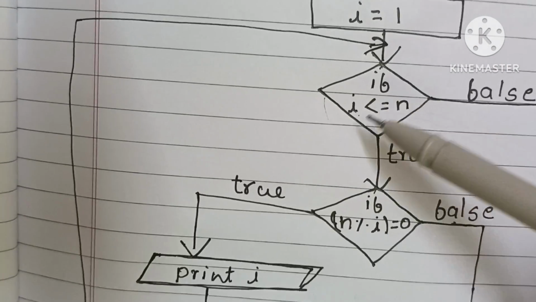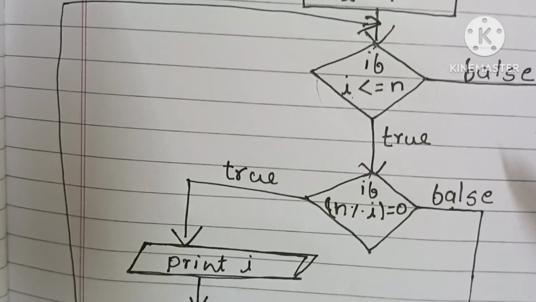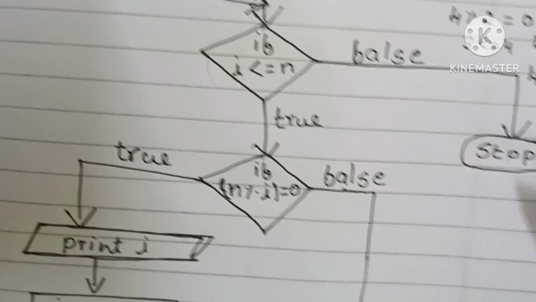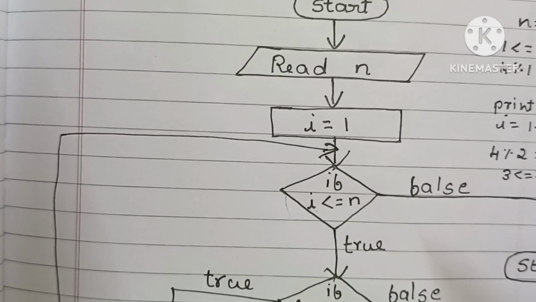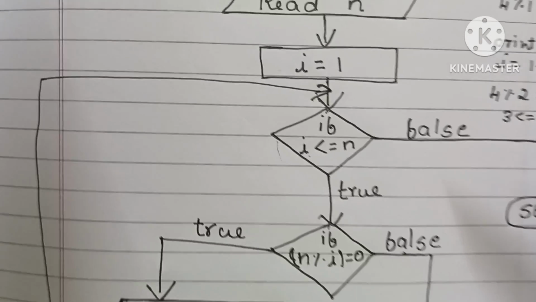Again it will check if I is less than or equal to n. It continues this process until this condition becomes false. If this condition is false, it will stop the flowchart using the stop statement. So guys, this is the flowchart to find all the divisors of a number.